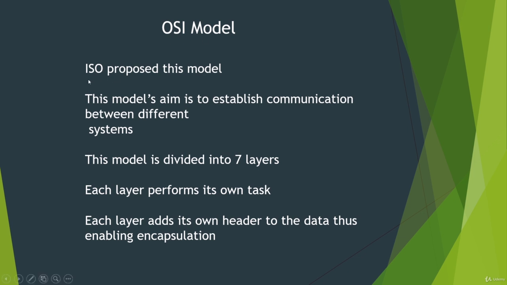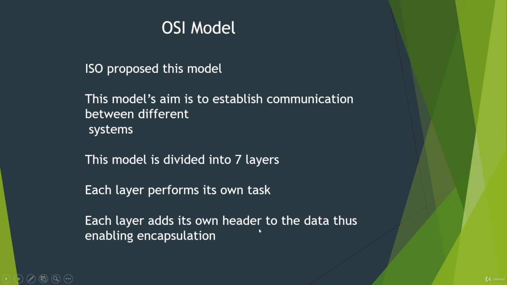That's why these ISO guys have proposed this model, and this is only a theoretical model, but this is the heart of networking. This model is divided into 7 layers, like a stack of 7 layers, and each layer performs its own task. Each layer adds its own header to the data, thus enabling encapsulation.